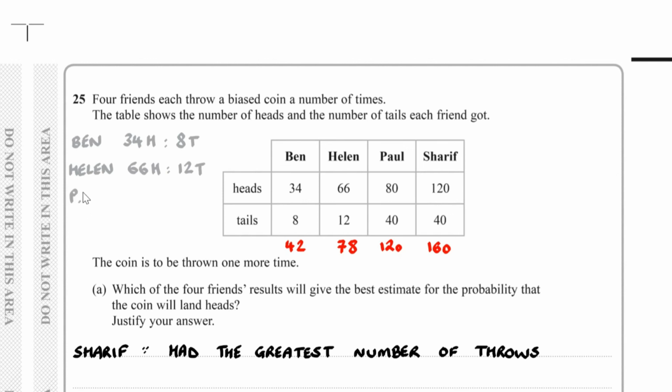If we think about Paul, Paul has 80 heads and 40 tails. And if we think about Sharif, we can see Sharif had 120 heads and 40 tails.